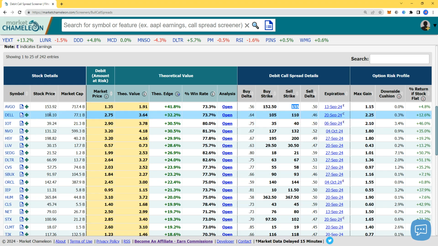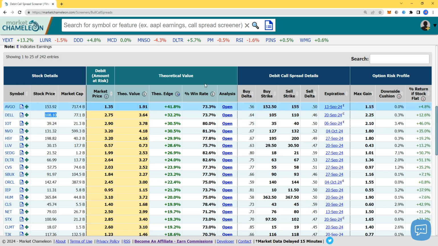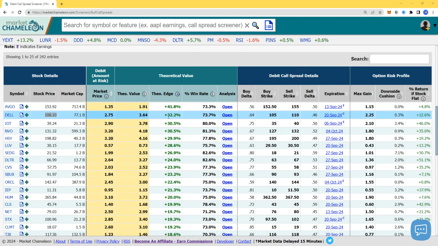Let's see, Dell, price 108. It's another big theoretical edge. 32% edge, so you pay $275 compared to $364. That's a $90 discount, which is like 30%, 32% edge. This is your edge, and the trade itself is 105, 110.